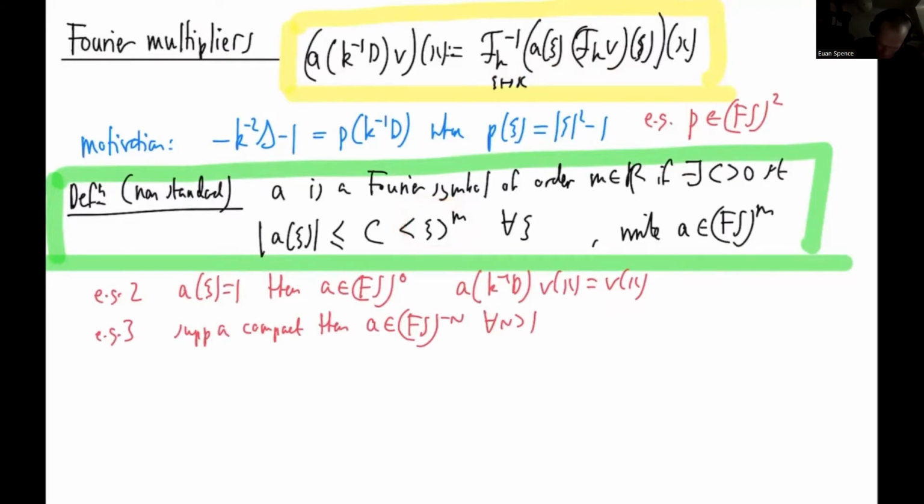So this inequality holds with m as large and negative as I want, just because a has compact support. And then 1 minus a is a Fourier symbol of order 0.